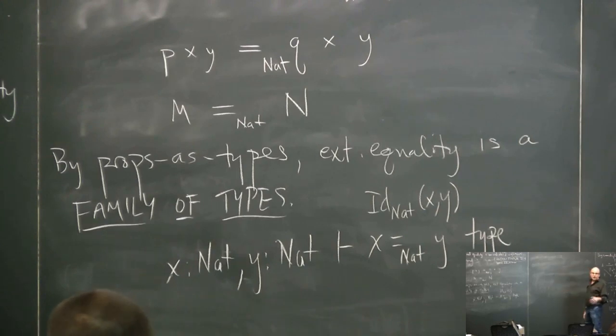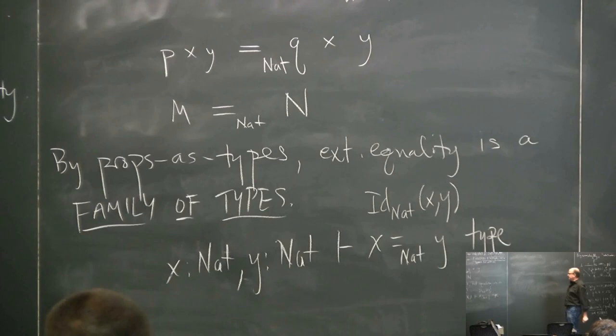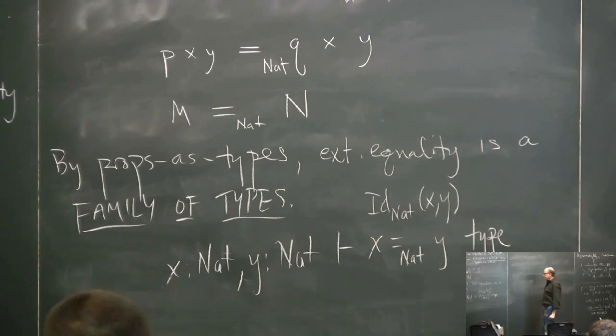First order logic works like that. Higher order logic works like that, although that's not strictly true, but never mind. Here we have a complete merger of the data aspect of things and the logic aspect of things. That's what's going on here. So this is the idea of a family of types.